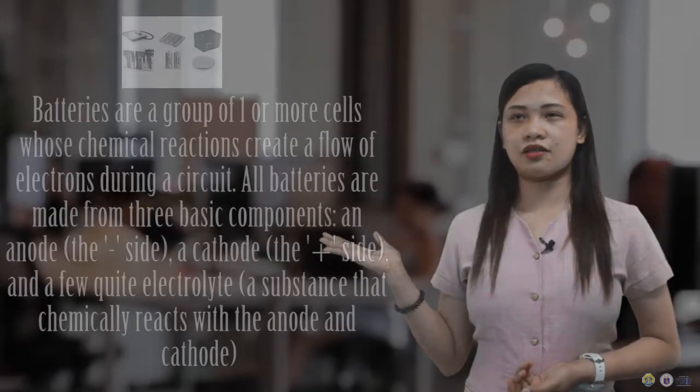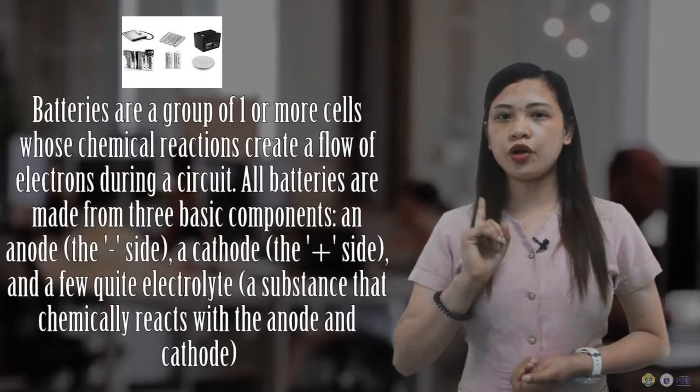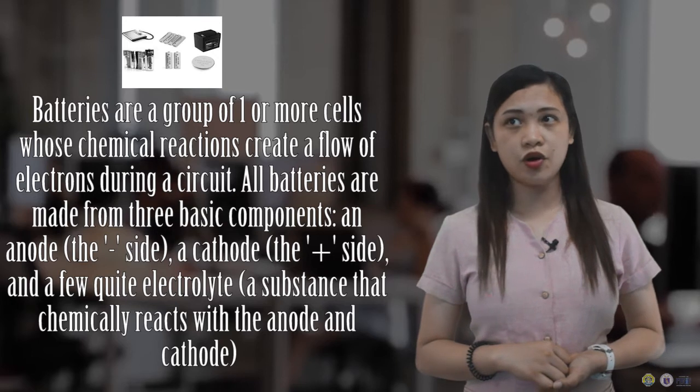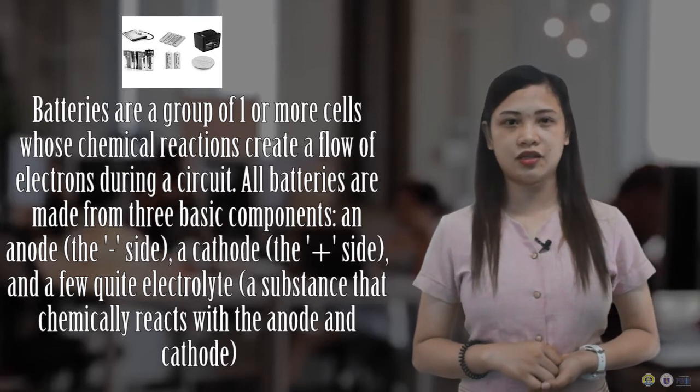What are the electronic components needed in electronic circuits? In preparing electrical wiring or electronic circuits, materials are needed. Below are the electronic components utilized in electronic circuits. Batteries are a group of one or more cells whose chemical reactions create a flow of electrons in a circuit.